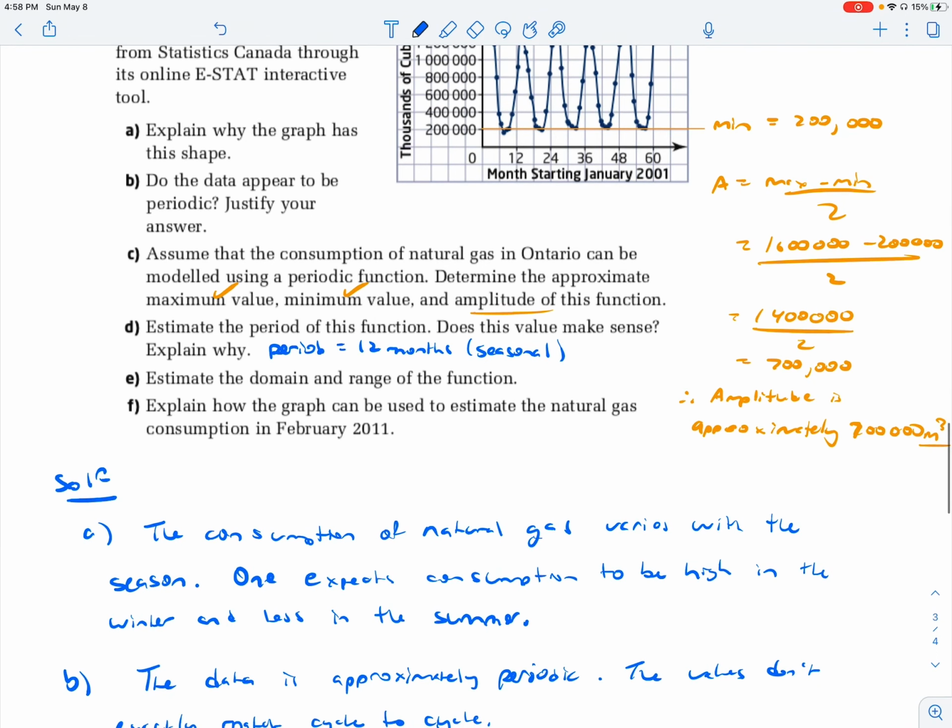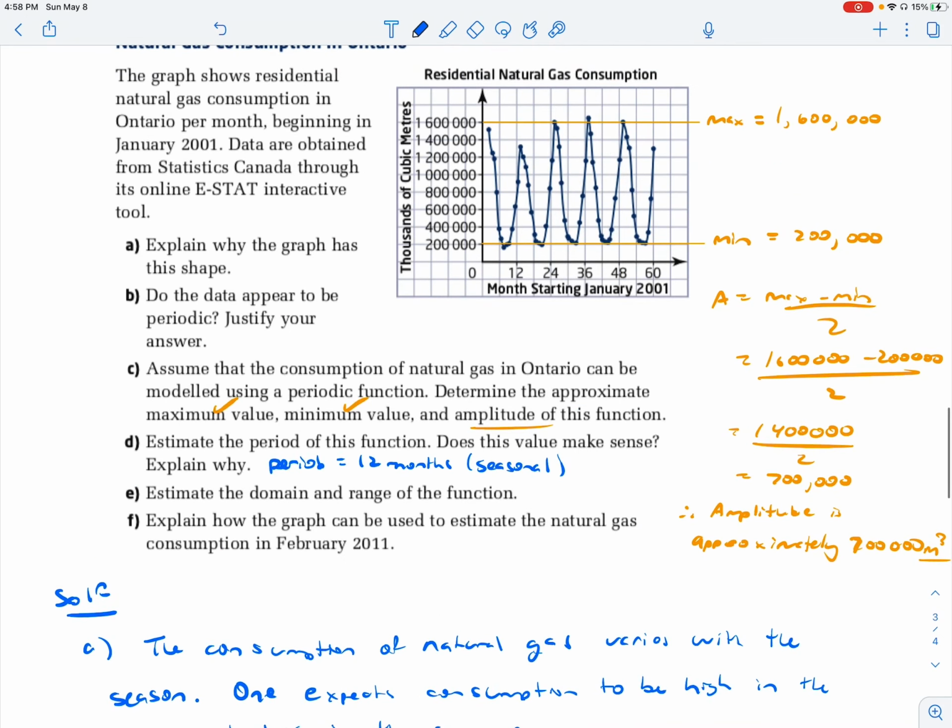Okay, part E, estimate the domain and range of the function. We're probably going to have to label this as T because it's time for our graph. And then I think I'll just label this lowercase g for gas consumption. Then we can write out our domain and range.